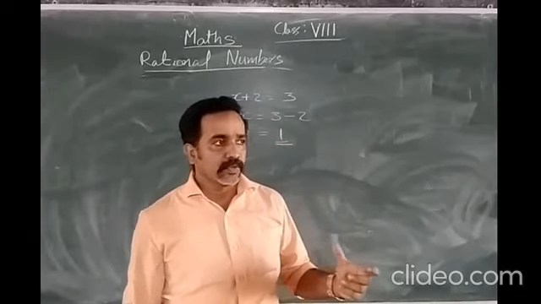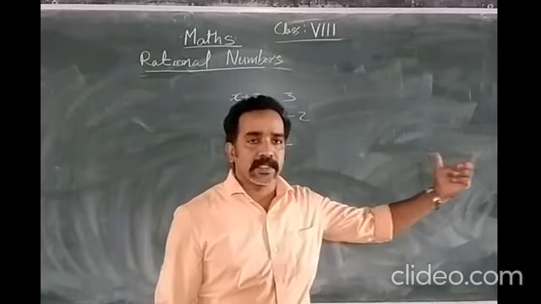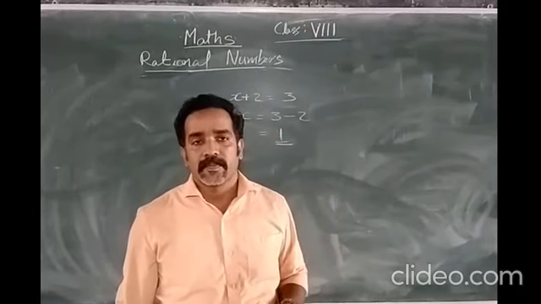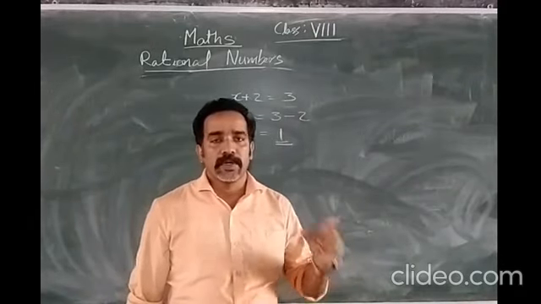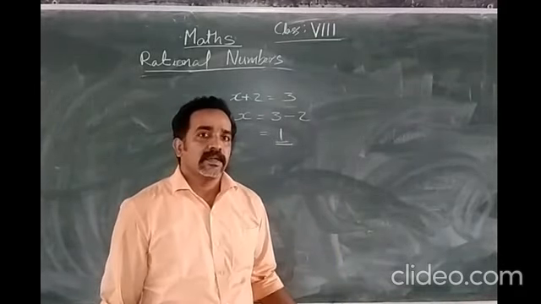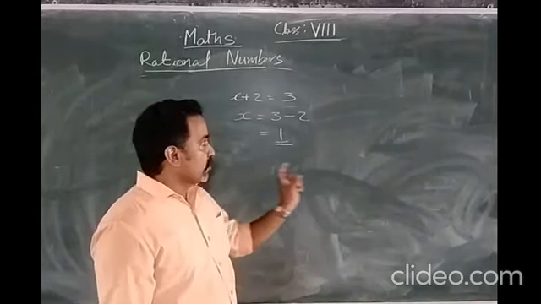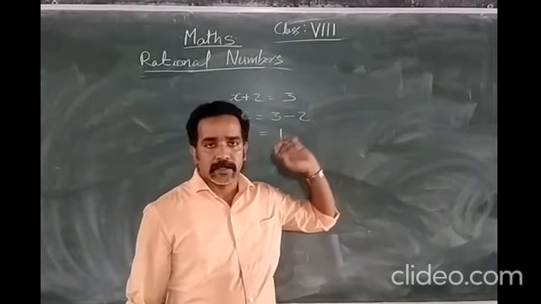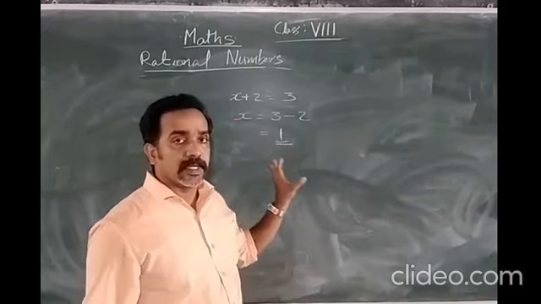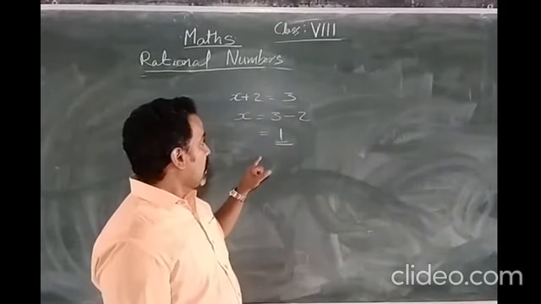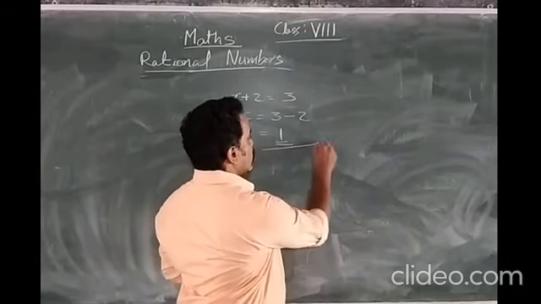The numbers which we use for counting are called the natural numbers: 1, 2, 3, 4, 5, 6, 7, 8, 9, etc. The biggest natural number, nobody knows. There is no biggest natural number. Every time there will be a greater number. So the set of natural numbers is infinite. Infinitely it is going on to one side. The biggest one is infinite, and the smallest natural number is 1.